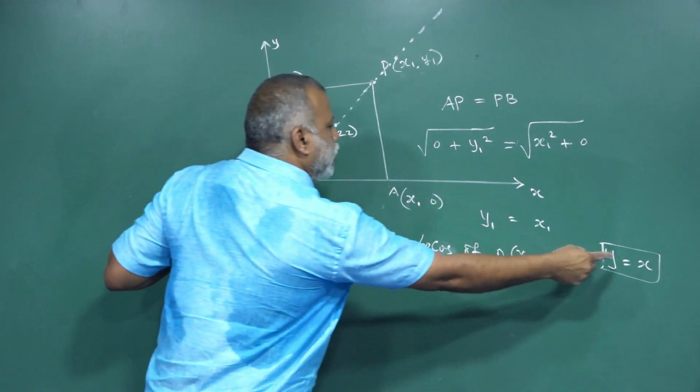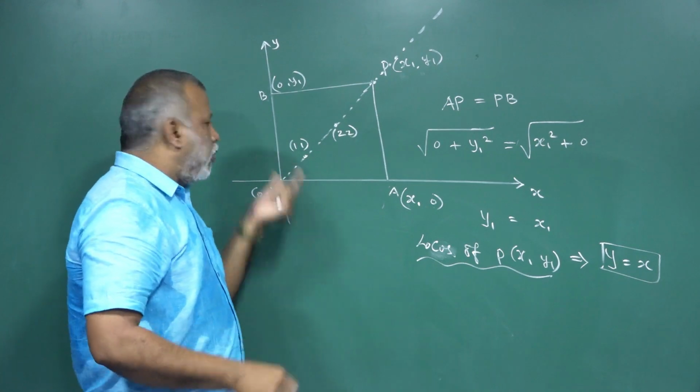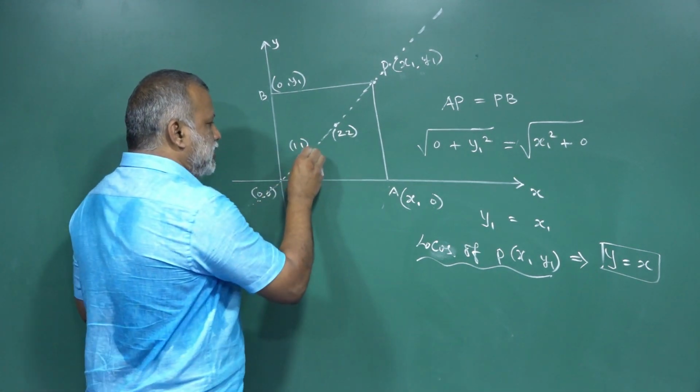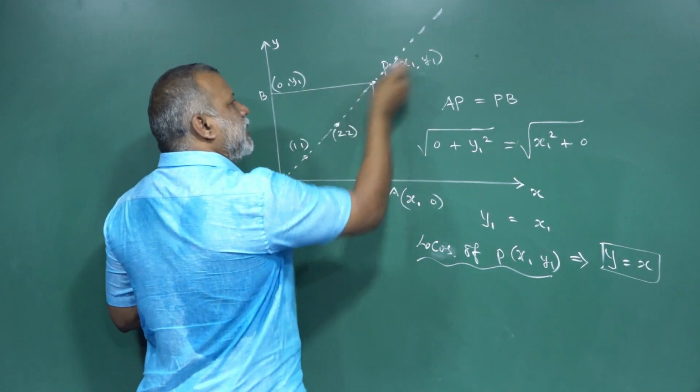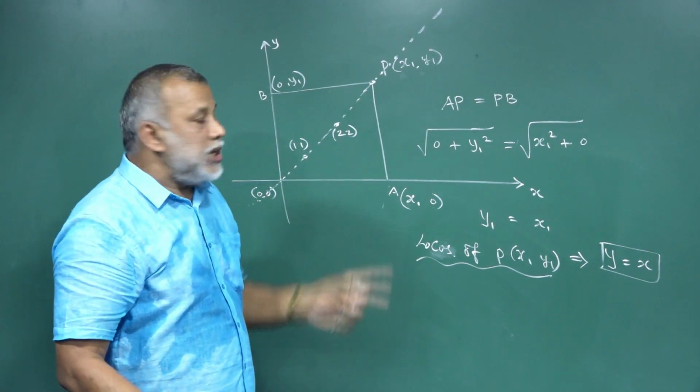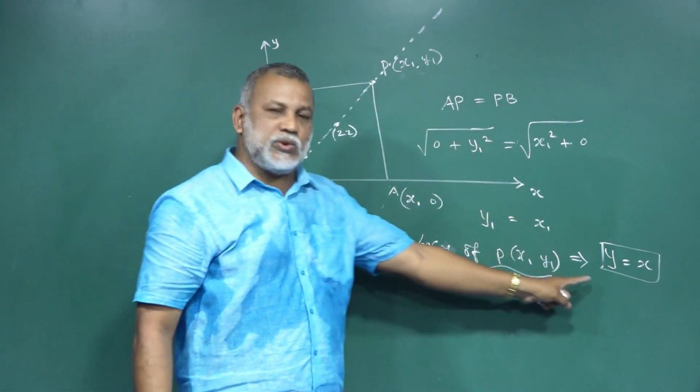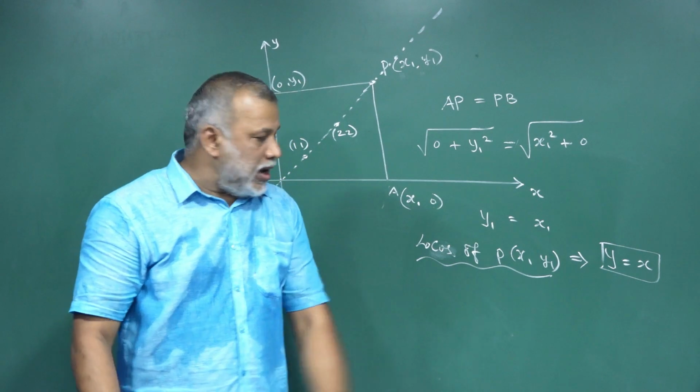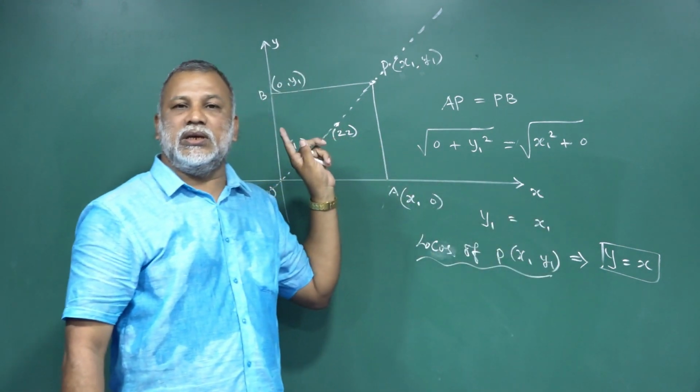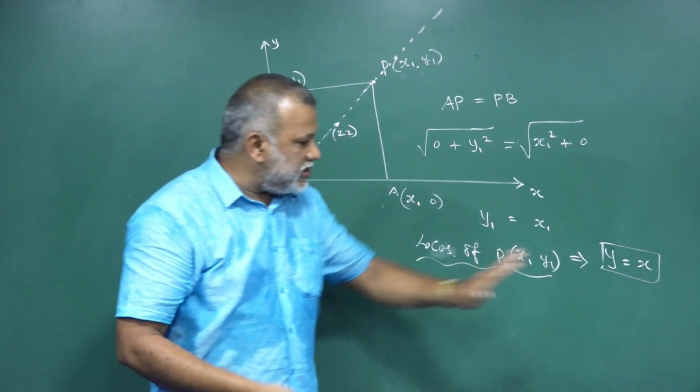Both x and y coordinates are equal. Like this point P (x1, y1). So the locus of this point P (x1, y1) is a straight line passing through the origin. So this is the equation we are getting.